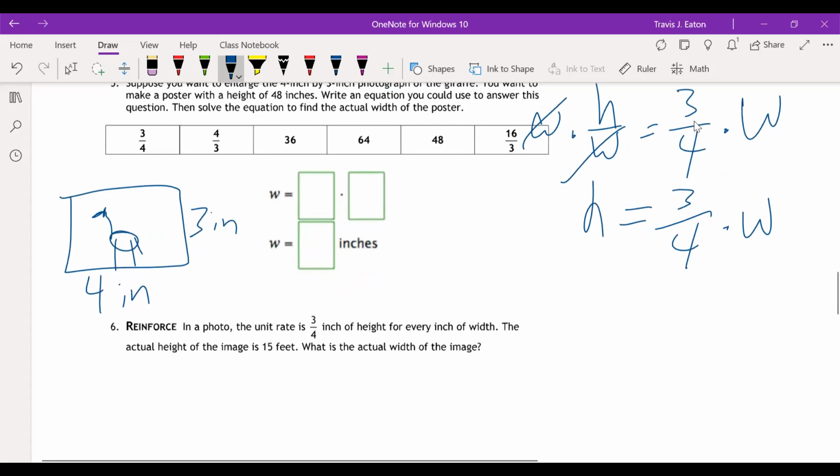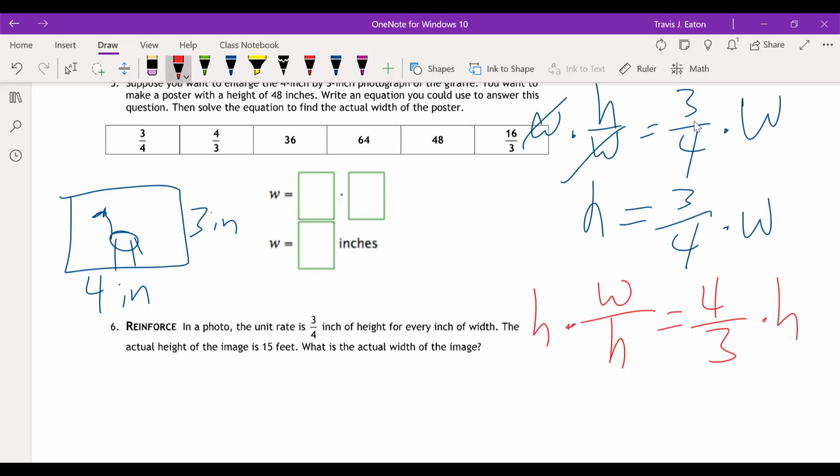However, if we were looking at the other unit rate or ratio, we would take the width versus the height, and that is 4/3. Now, if we wanted to find the width based on the height, to solve for W, we would multiply both sides by H. These H's would cancel each other out because one is being divided, one is being multiplied, and W would be 4/3 times the height.